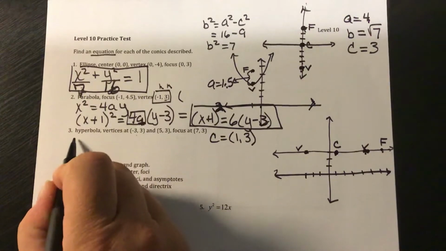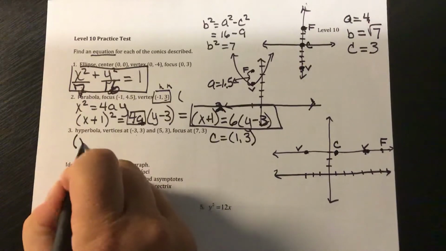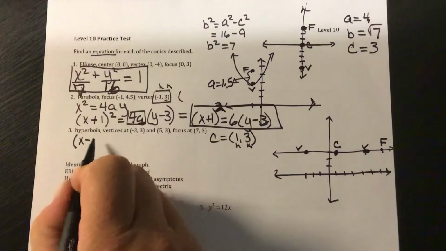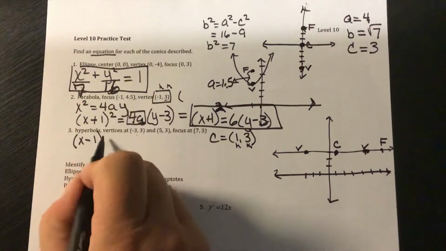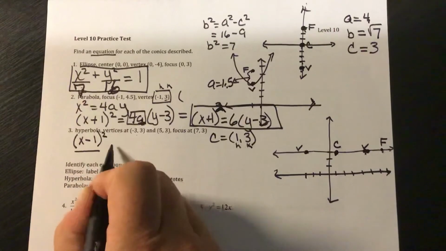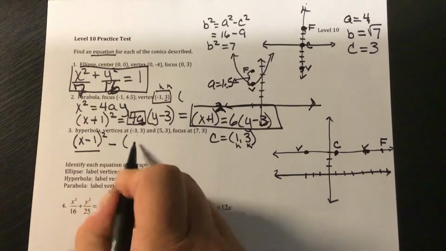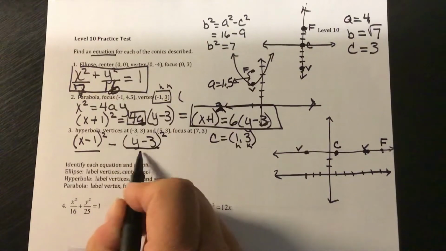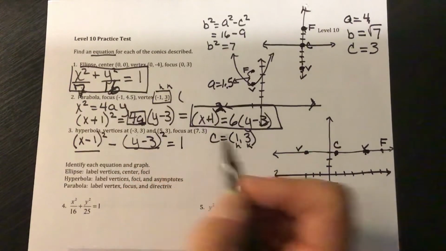So I'm going to have the x term first. So I have (x minus 1) squared over something, minus (y minus 3) squared over something, equals 1.